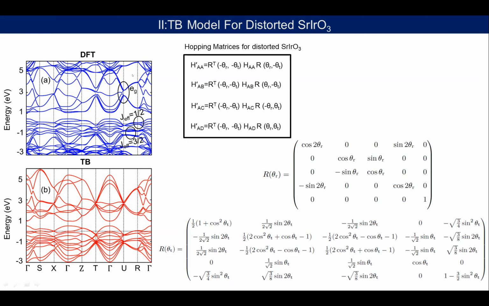We designed the Euler rotation and tilting matrix, which is compatible with the distortion of the IrO6 octahedra in this material. And using this transformation equation, where these are the matrices for the undistorted case, we get the matrices for the distorted case. And as you can see, the DFT and the tight binding band structures are again in very good agreement with each other.